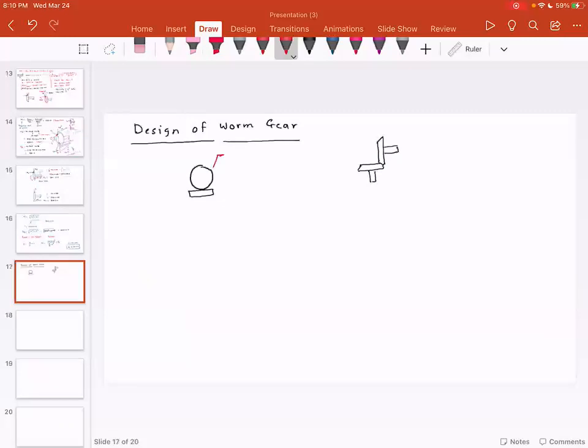So this is called the worm wheel, or also called wheel or worm wheel. And this is called the worm. What happens is this worm rotates and this worm wheel rotates. If you look at the way these shafts are attached, in this particular case, the shafts are in plane.